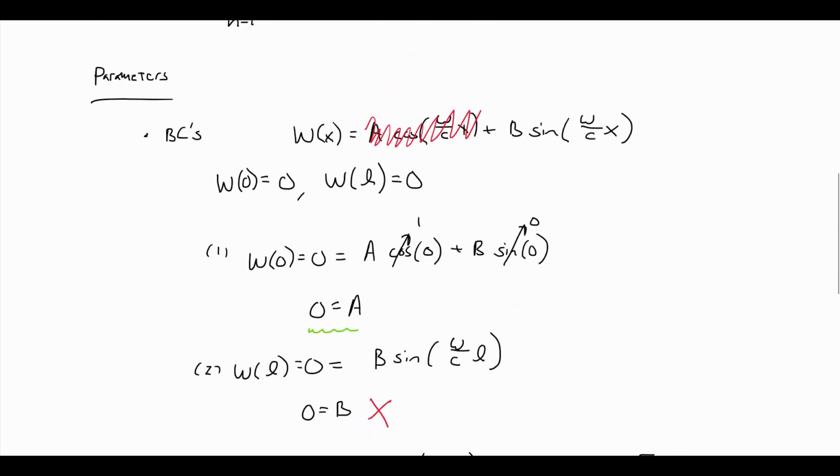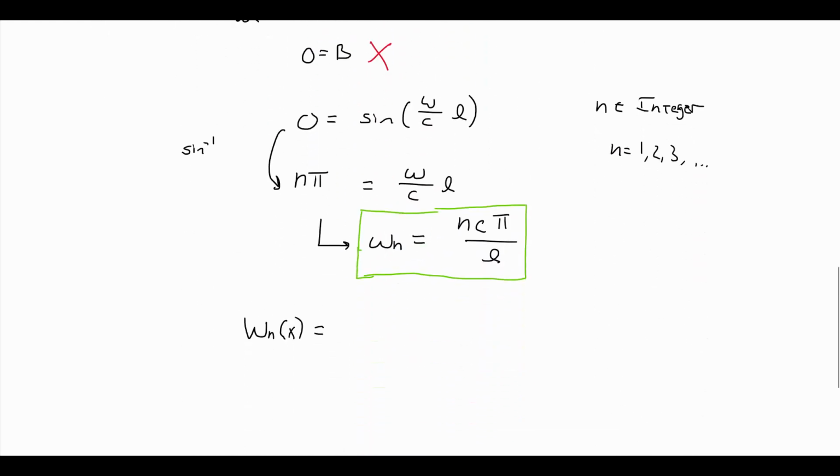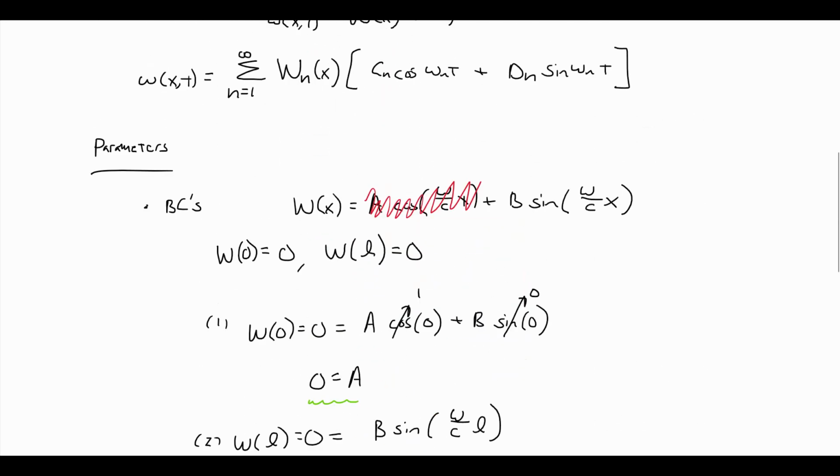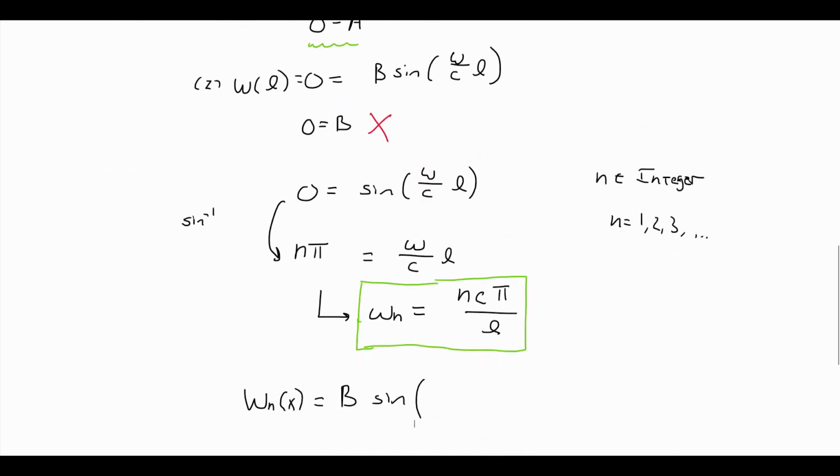So let's see here. I already said a was 0, so I'm left with this b term, and we'll see that the b also will go away. I'll leave a b for now, but I'm going to get rid of it soon. Sine of omega, we now know the values for, is this nc pi over L. So this will be n pi over L times x.